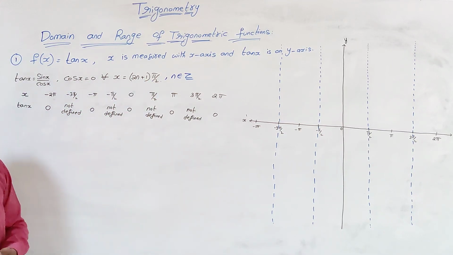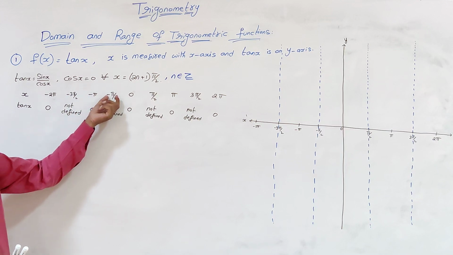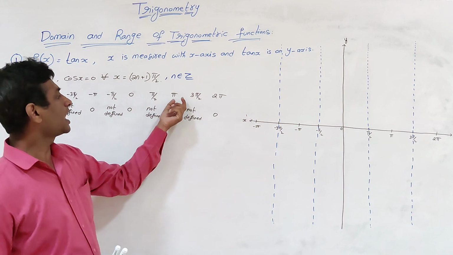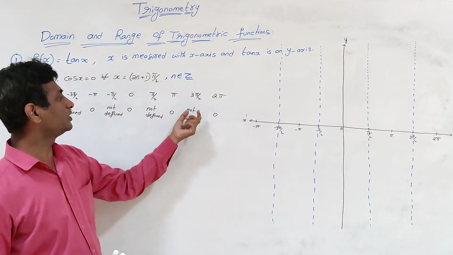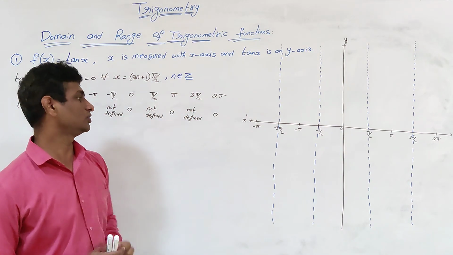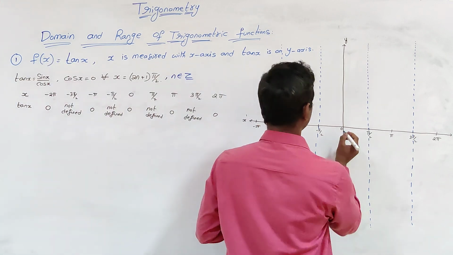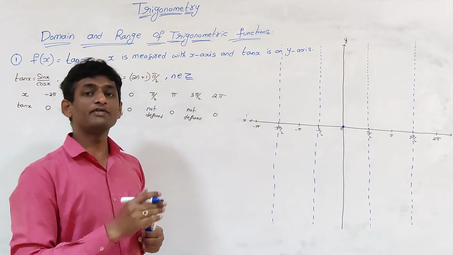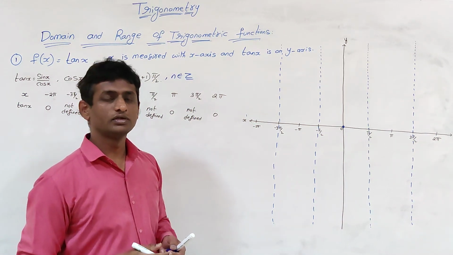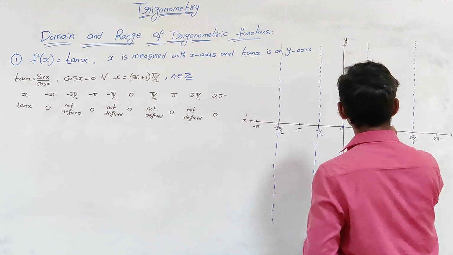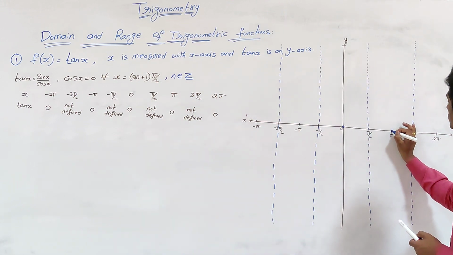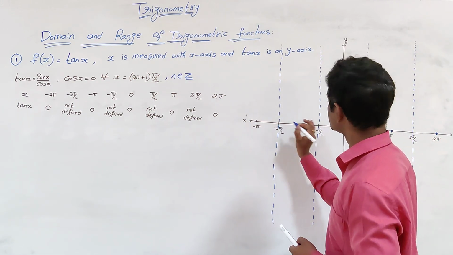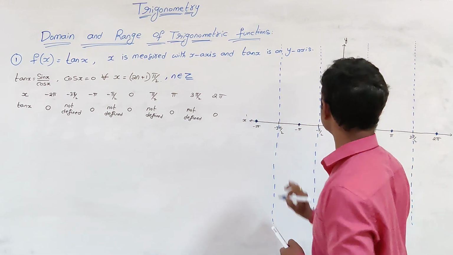Tan of minus pi is 0, tan of minus pi by 2 is not defined, tan 0 is 0, tan pi by 2 is not defined, tan pi is 0, tan 3 pi by 2 is not defined, tan 2 pi is 0. Tan pi by 4 is 1.